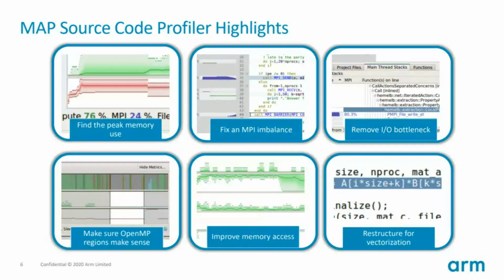So just some highlights of MAP. This is our source code profiler. Very visually oriented, and next week we'll be going in depth on how MAP works and looks and how to use it. But the ability to find memory usage, kind of peak memory usage. So for situations where you are leaking memory, it's a nice way to track that down through profiling. MPI imbalance.